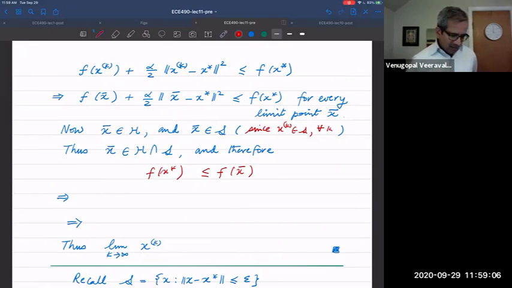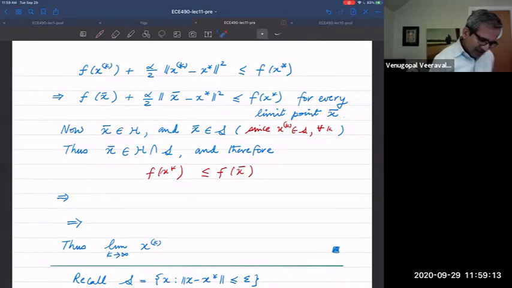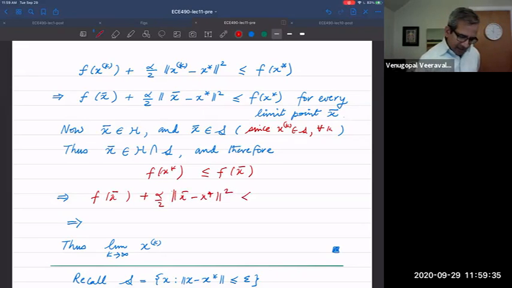But then I look at these two equations. If I look at the inequality that I started off with, this is f of x star, plus alpha over 2 times the squared norm of x bar minus x star, which should be less than f of x bar again from the previous inequality.